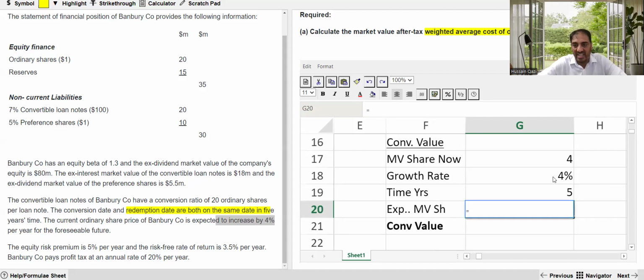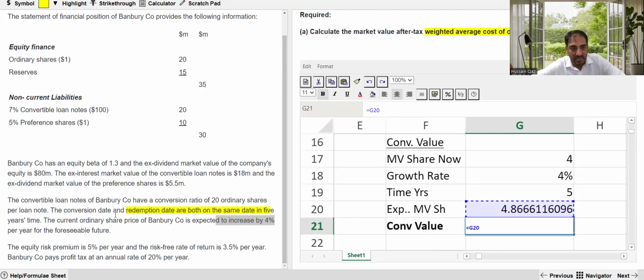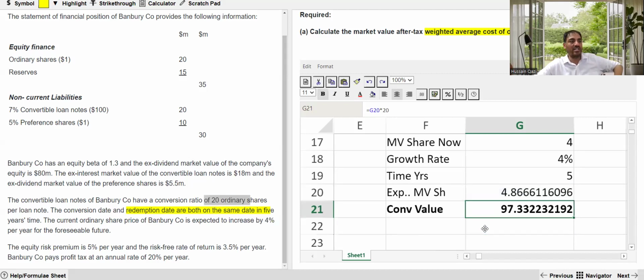The expected market value is very simple: 4 multiplied by 1.04 to the power 5, which is 4.86. So the conversion value is 4.86 multiplied by the attached shares, 20 shares, which is 97.33.